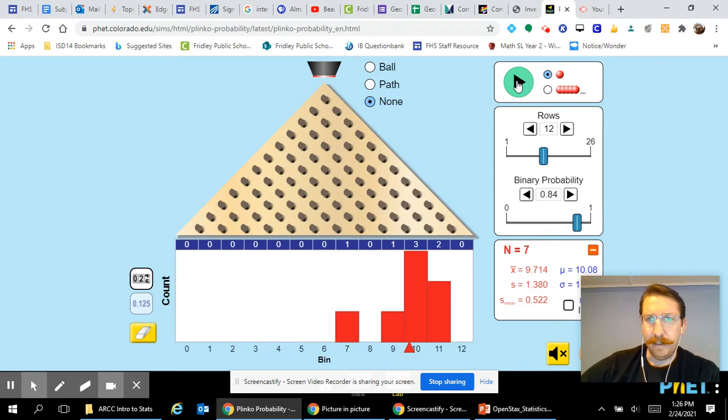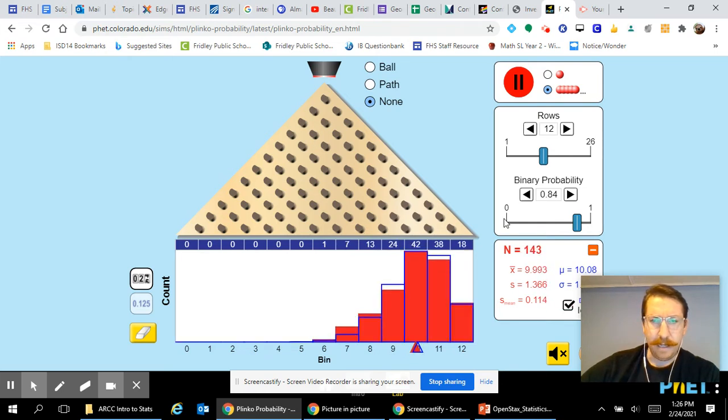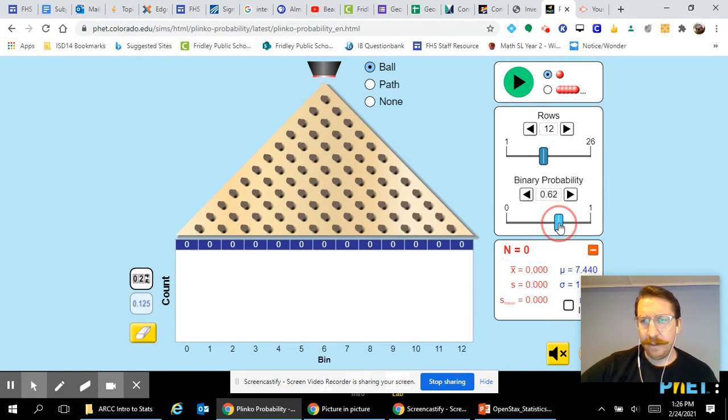But we could take this into the future, and we can see how this creates kind of a skewed normal distribution, but it still looks like a standard normal distribution.